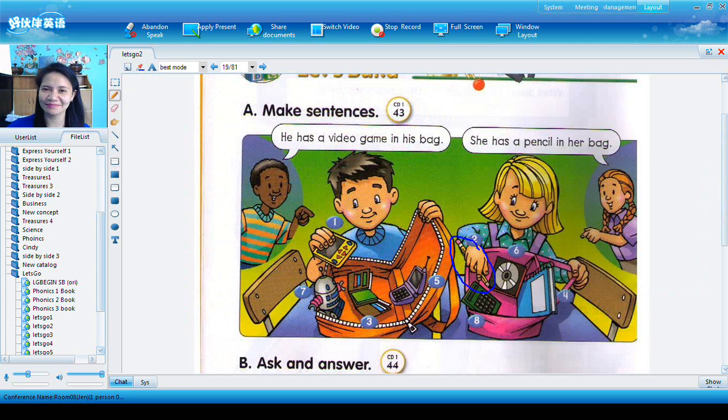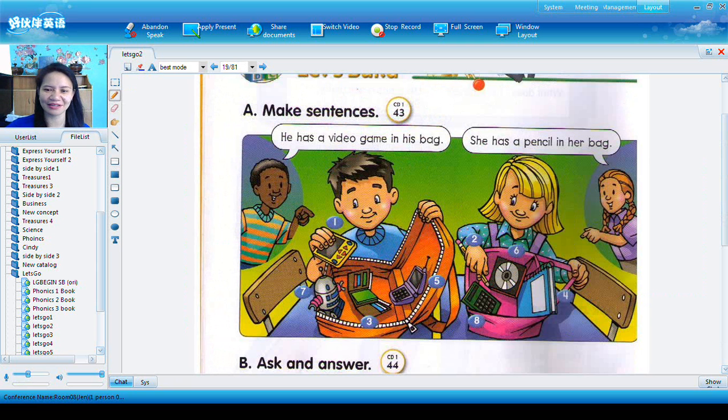You'll say, she has a pencil. All right. Now look at that. What does she have? You'll say, she has a CD. Again, what does she have? You'll say, she has a CD. Very nice.